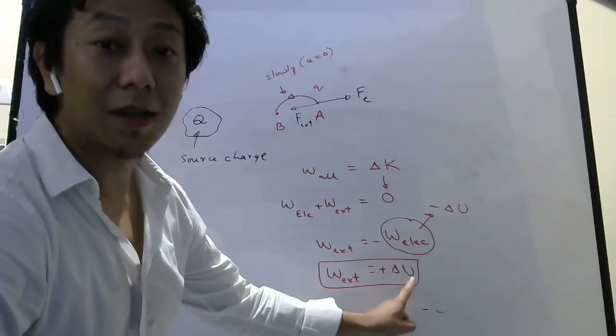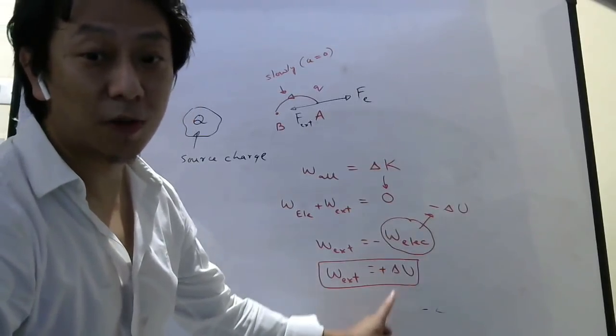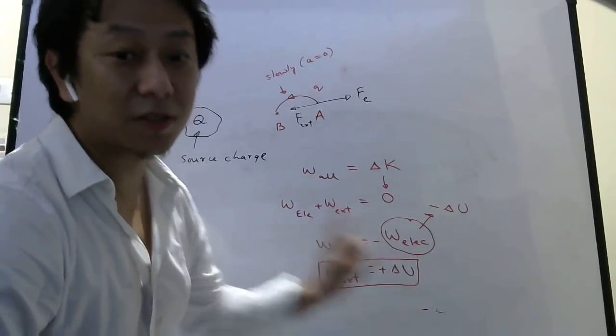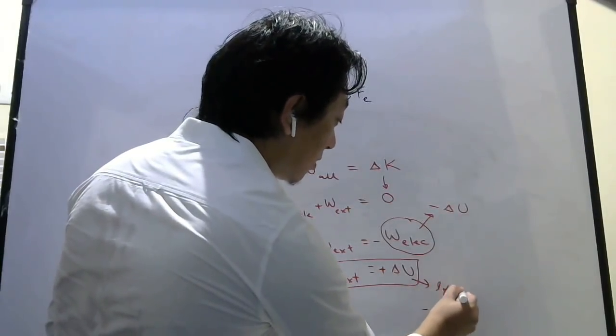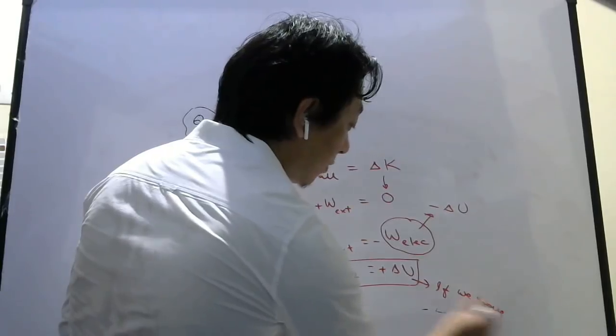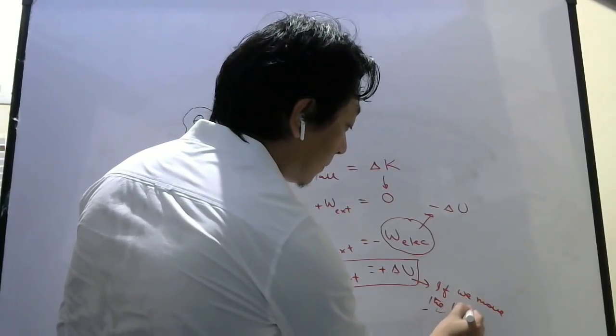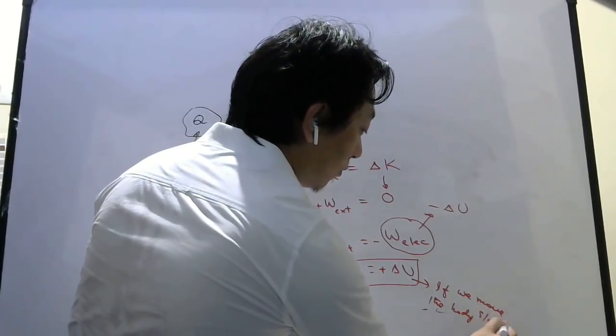Before we used to say gravitational potential energy, now we have to say electrostatic potential energy. But this is only true if we move the body slowly.